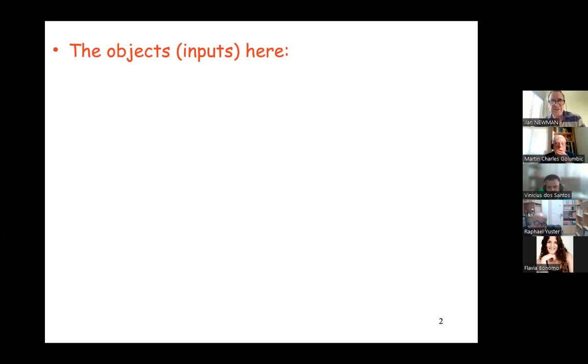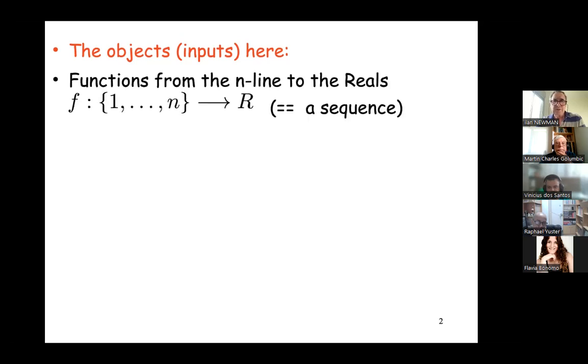So instead of defining it rigorously in general, I will define it for the setting here. So here is the object that we are going to discuss, and you should think of them also as inputs to the algorithm. So the objects are the set of functions.